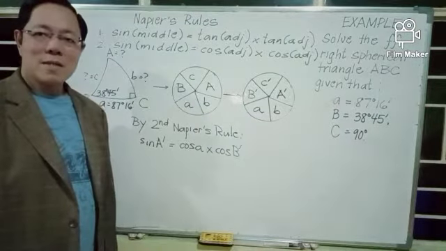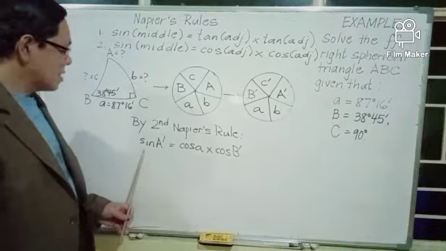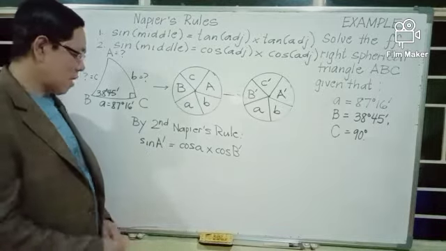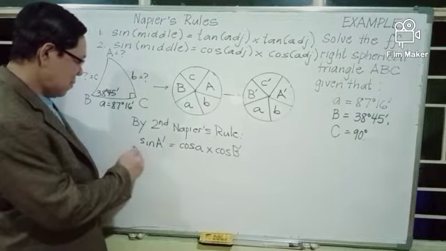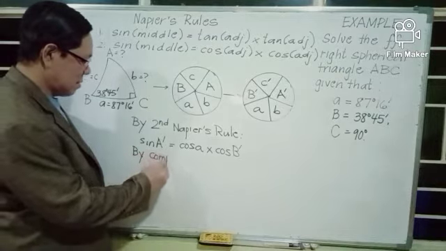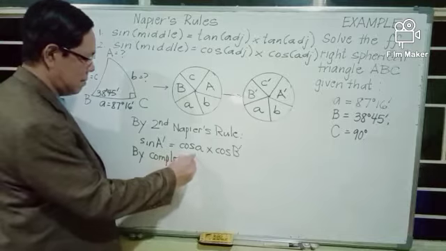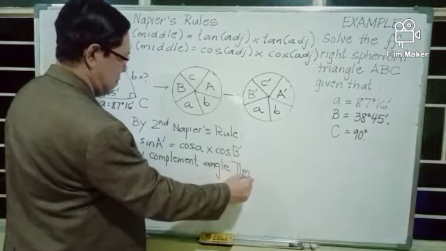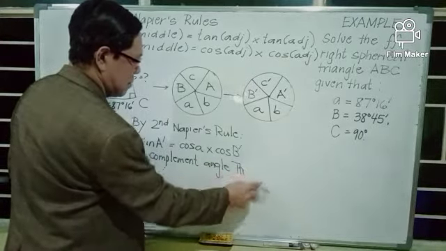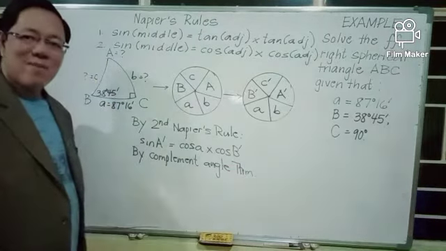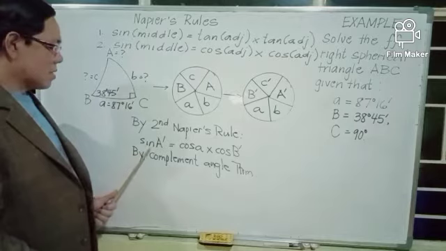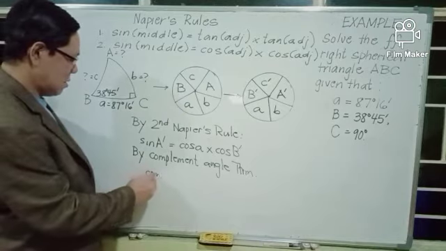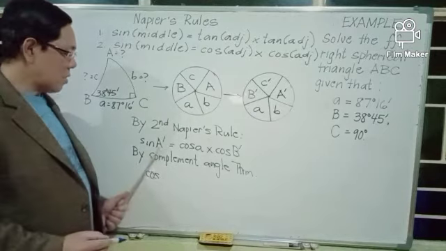Hence, by that theorem, the sine of A prime is equal to the cofunction of sine, which is cosine, of the complement of A prime.